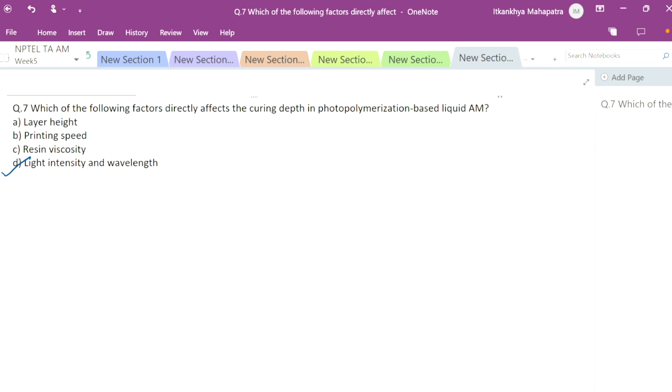Now, photopolymerization, as we know, uses light to initiate the polymerization process in a liquid resin, causing it to solidify into a 3D printed object.